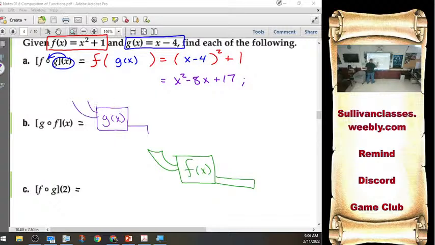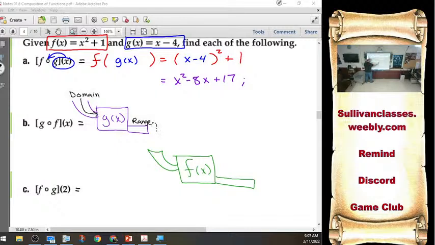So whatever I throw into g of x comes out as g of x's range, right? Input, output, domain, range. But when I do a composition like this, I'm putting the entire g of x rule into f.